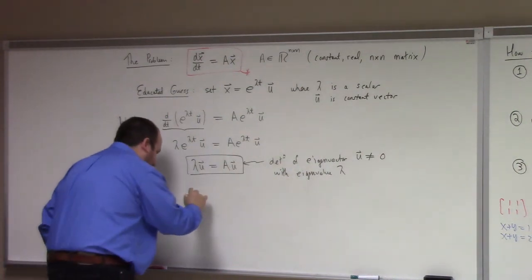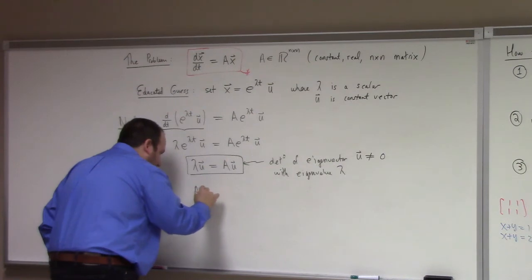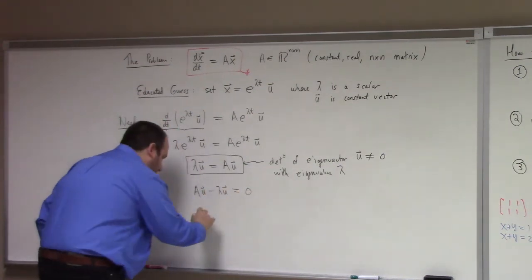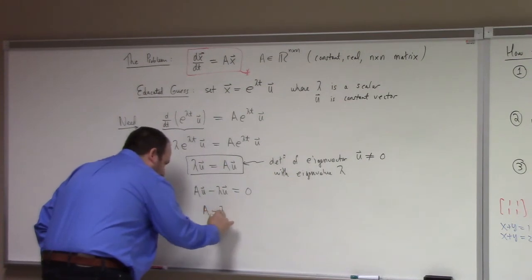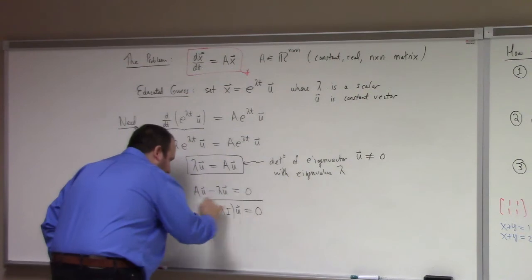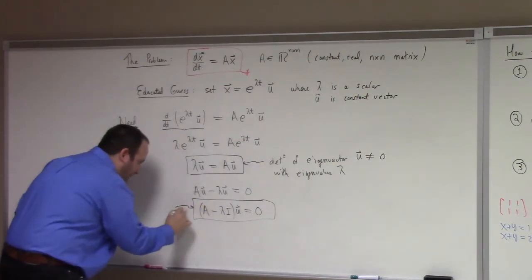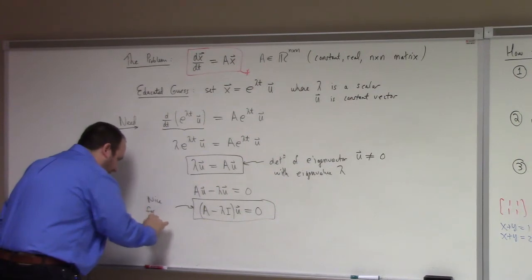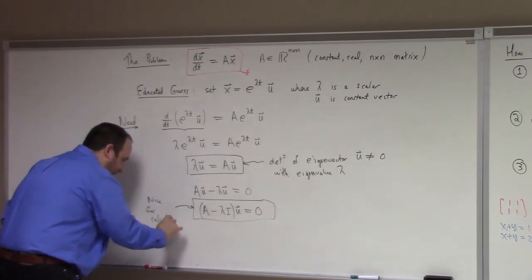It's more fun to do this. So we say that's really Au minus λu equals 0. And what we'll do is rewrite that as (A minus λI) times u equals 0. This is nicer for calculation. For calculation, we look at it this way.